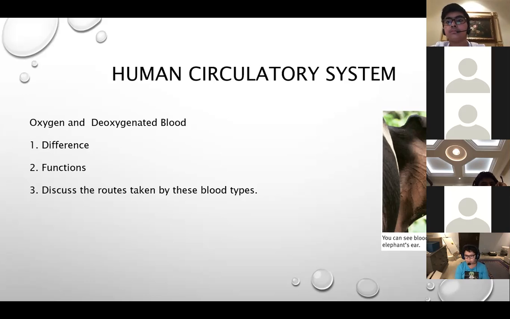That's the route, right? The second one is bringing it from the body to the heart. So one is delivering, the other one is collecting. One is distributing, one is collecting it back.